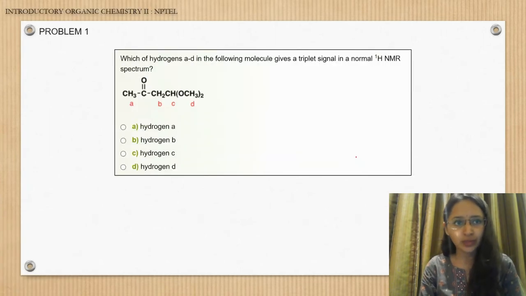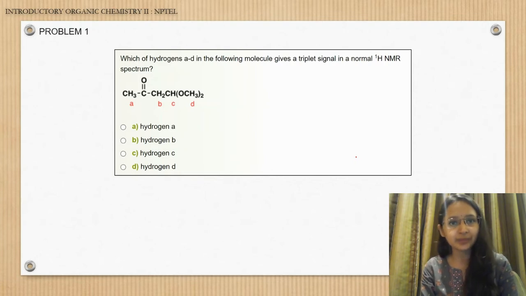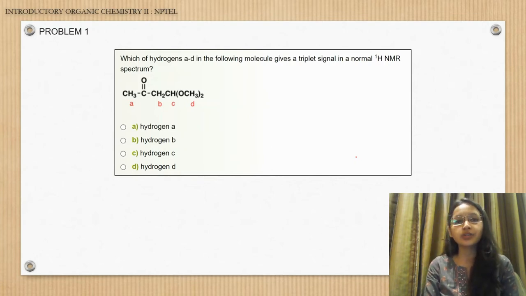I'm starting with problem one. It is based on the concept which we have learned earlier. Problem one asks which of the hydrogens from A to D in the following molecules give a triplet signal in a normal 1H NMR spectrum. In my previous lecture, I told you about the n plus 1 multiplicity rule.